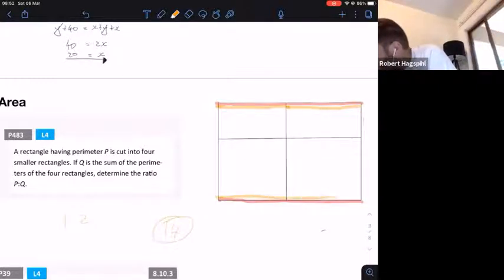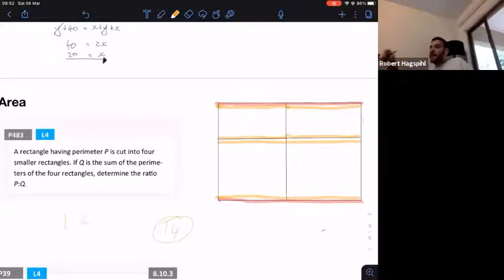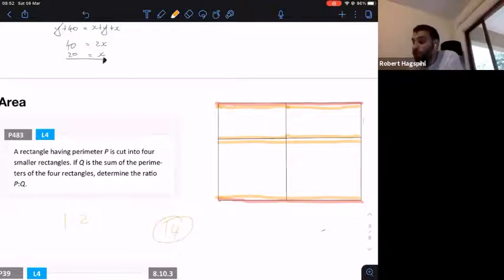For the top rectangles, I've got another red line. And for the bottom rectangles, I've got another red line. So in my mind, for the big rectangle, the top and the bottom were 2 red lines. For the smaller rectangles, I had 4 red lines, and it was twice as big.